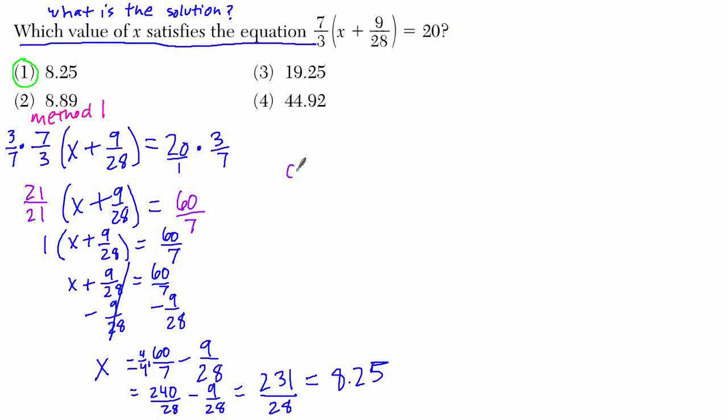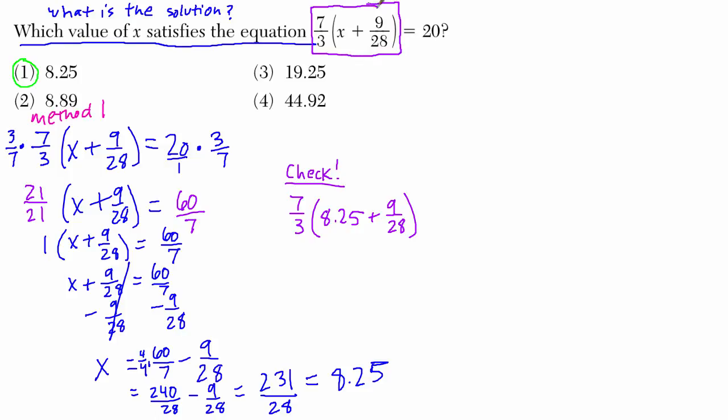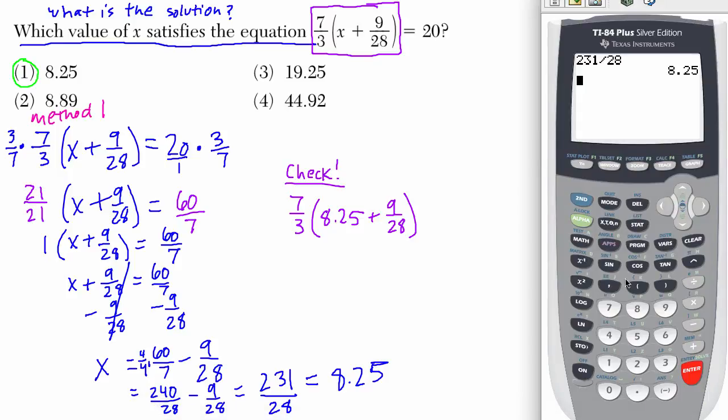So let's do a quick check, just for good measure, to make sure our answer choice is correct. We'll substitute 8.25 in for x. Notice I'm not solving this equation. I simply want to take the left side of this equation and type it into a calculator and make sure it equals 20, because that will guarantee that we have the correct answer.